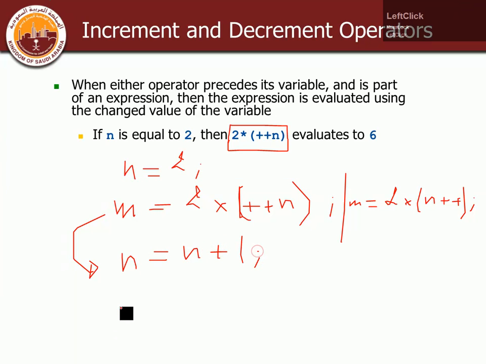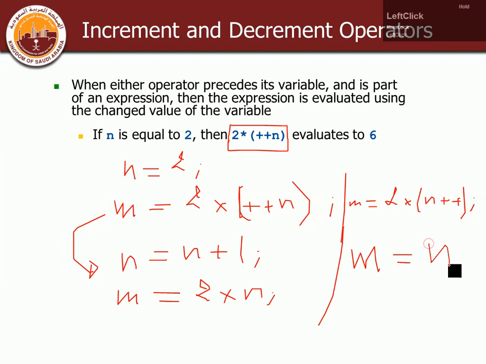The second thing I do, m is equal to 2 multiplied by n. While in this scenario, the plus plus is after. That means the first thing I do, m is equal to 2 multiplied by n, and then n is equal to n plus 1. Do you think that the result is going to be the same?